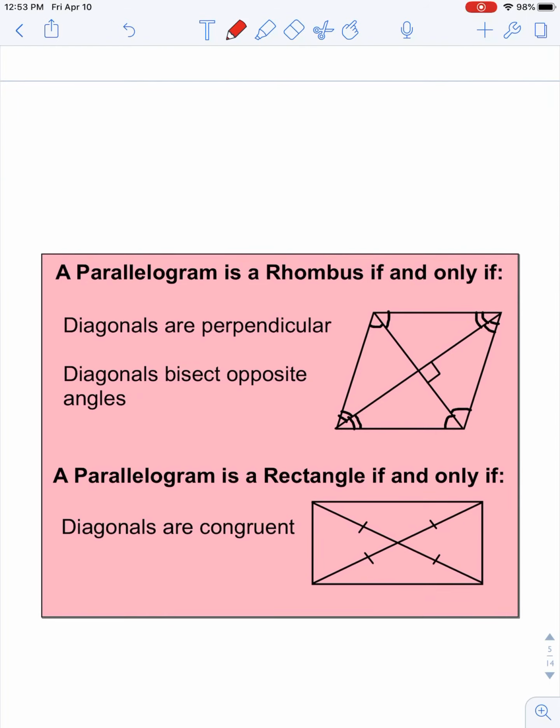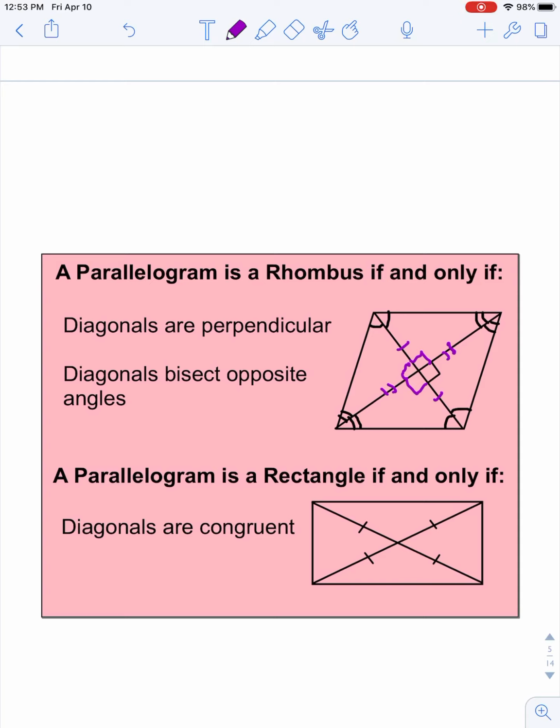Now, here are some of the additional properties that we have for a rhombus. A parallelogram is a rhombus if and only if the diagonals are perpendicular. Remember, they're still going to bisect each other because that's a property of parallelograms, but they also end up being perpendicular. So all four of these angles in here will be 90 degrees.